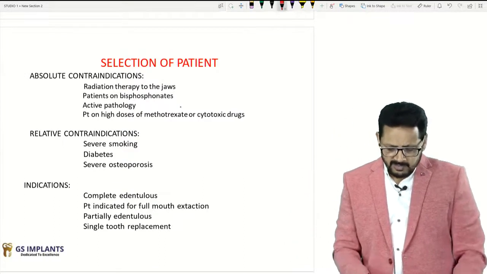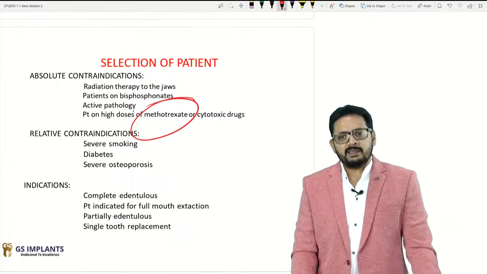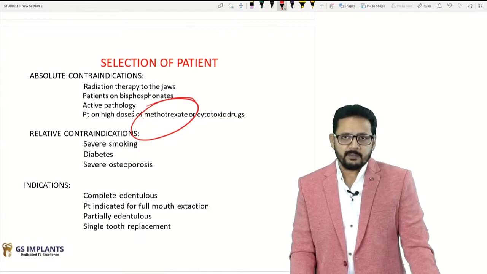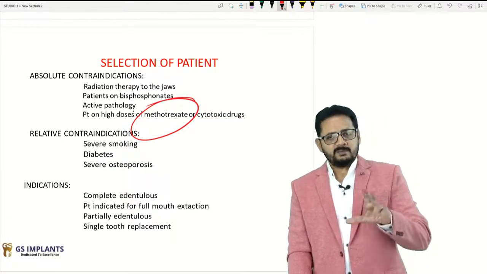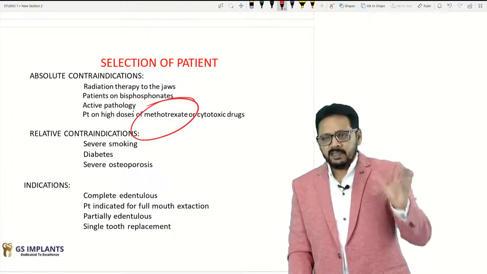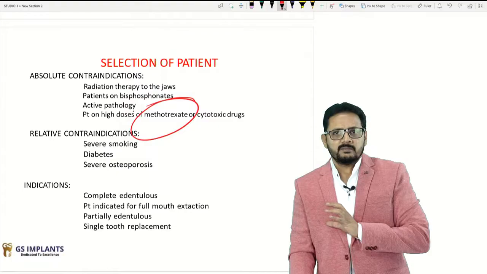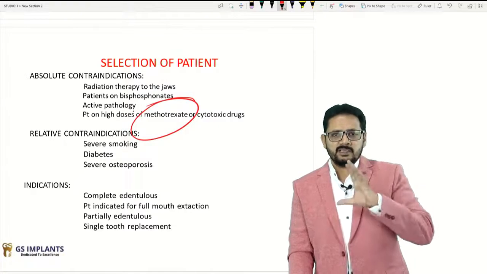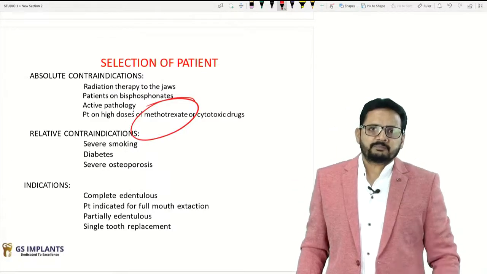Now always remember this drug methotrexate, very important, because patients who are psoriatic have this drug in their prescription nowadays. So whenever you come across such a patient, please ask them to get their prescriptions, because these drugs cause very reduced osteonal activity.